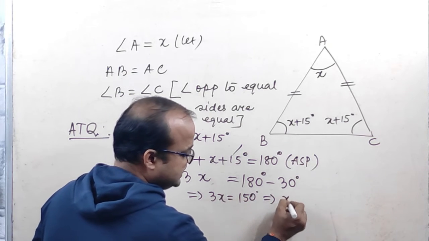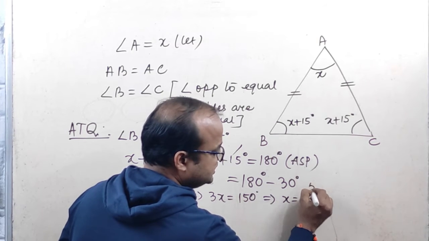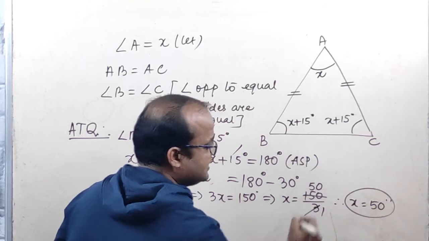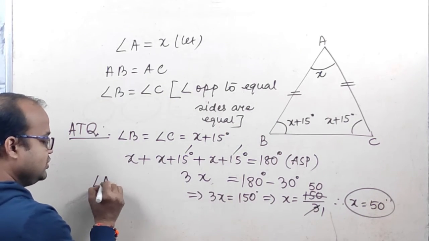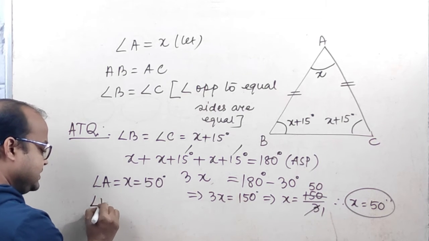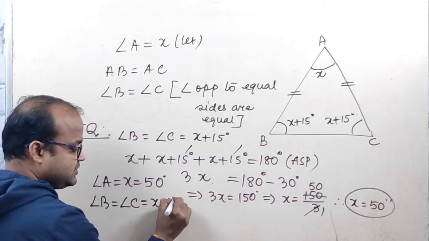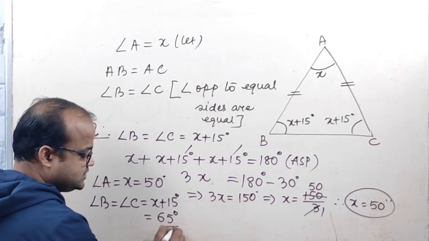It implies x equals to 150 by 3. 3 fives are 15, 0. So therefore x equals to 50 degree. So angle A equals to x equals to 50 degree, and angle B equals to angle C equals to x plus 15 degree. That means 50 plus 15 equals to 65 degree.